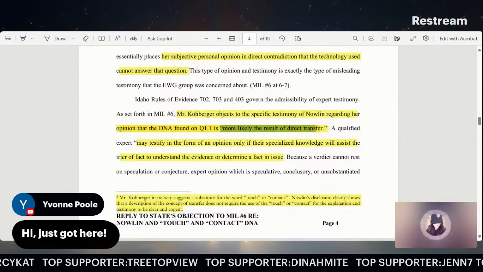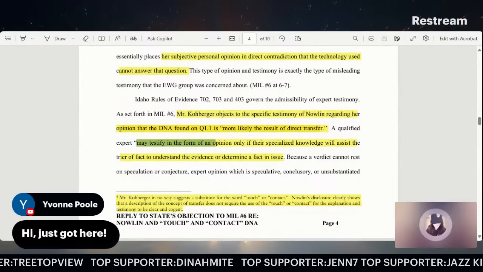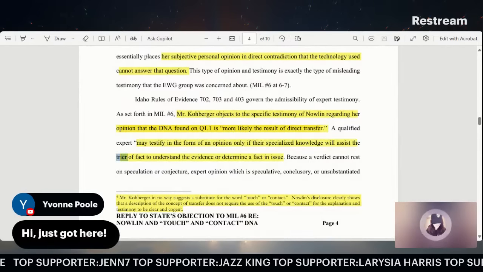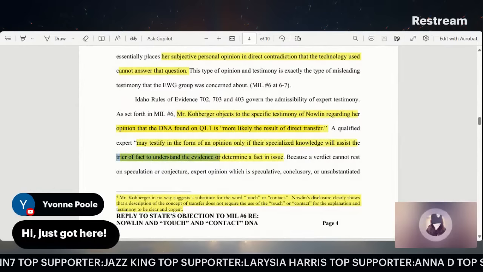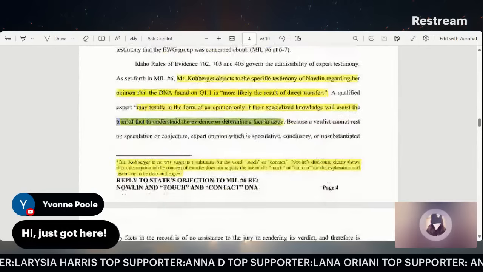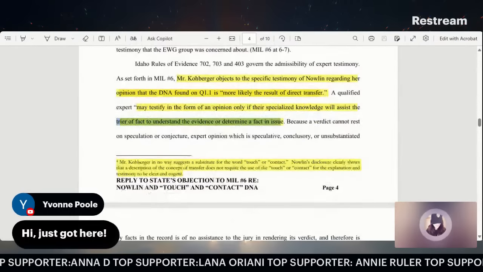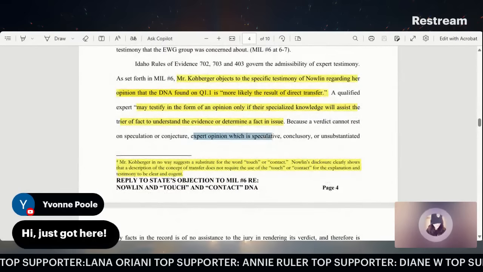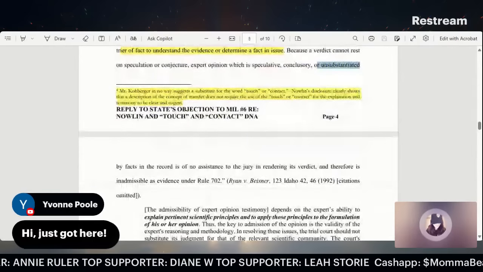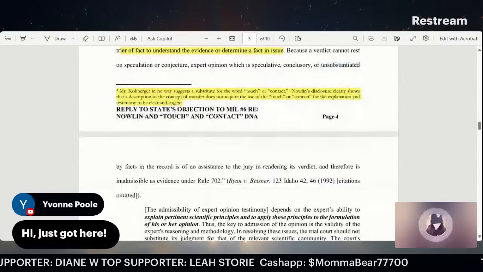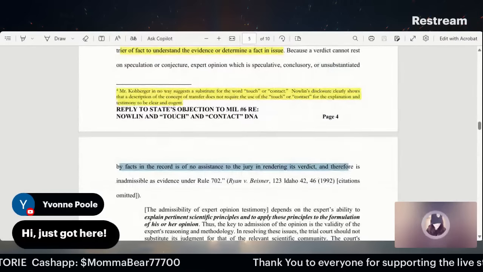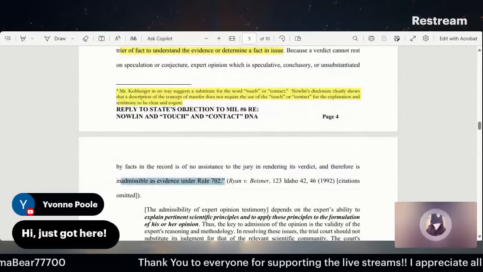A qualified expert, quote, may testify in the form of an opinion only if their specialized knowledge will assist the trier of fact to understand the evidence or determine a fact in issue. Because a verdict cannot rest on speculation or conjecture, expert opinion, which is speculative, conclusory, or unsubstantiated by facts in the record, is of no assistance to the jury in rendering its verdict, and therefore it's inadmissible as evidence under Rule 702.